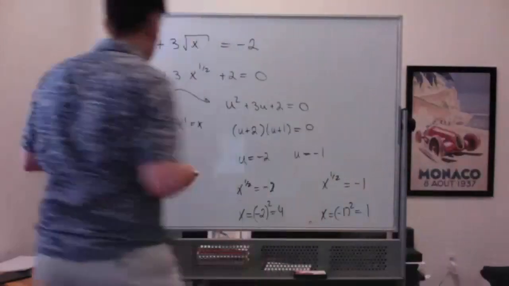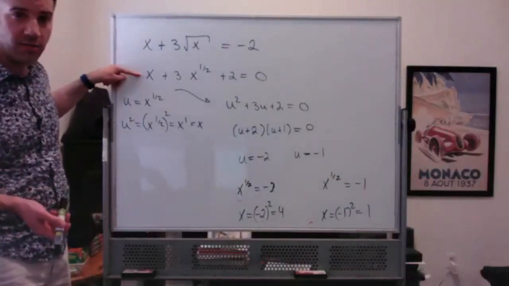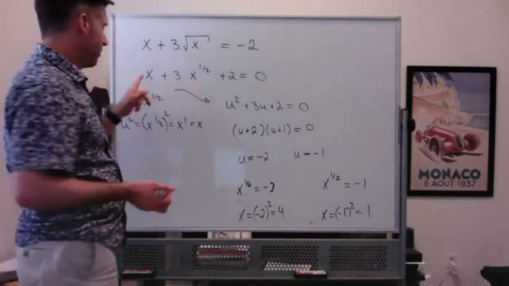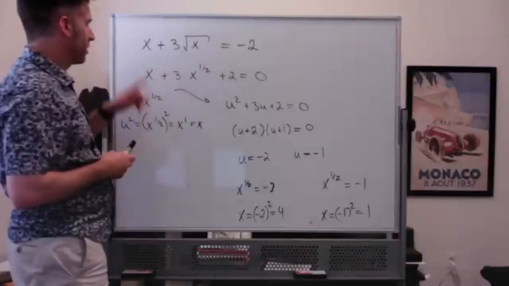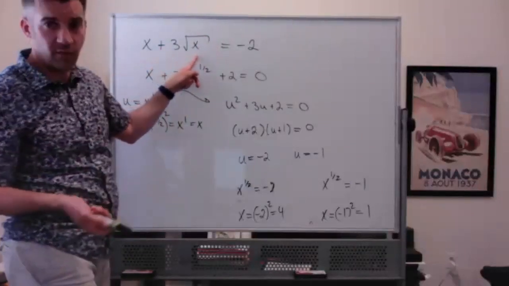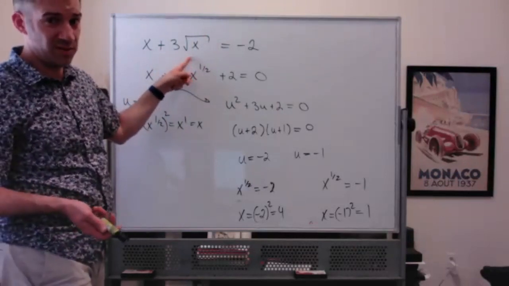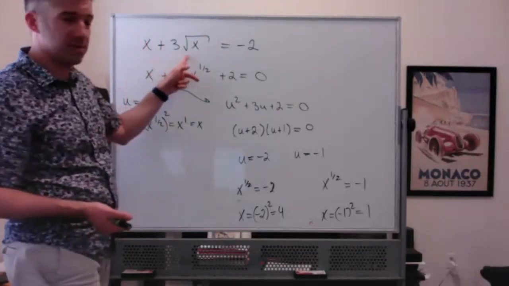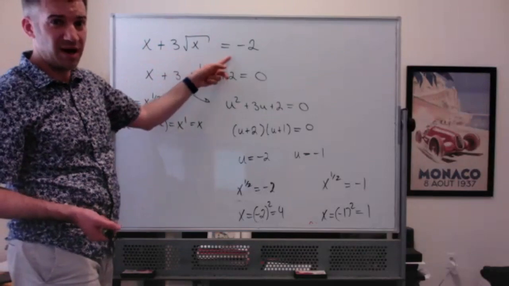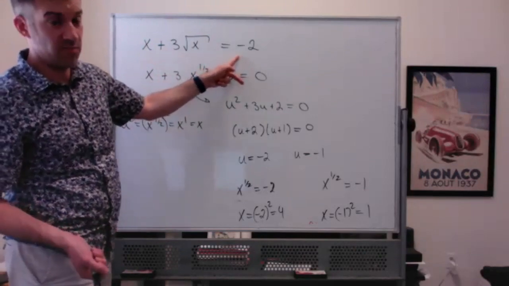Because if you plug it back in, let's say you plug it back in here, either way, 4 plus 3 times the square root of 4. Well, 4 is positive. The square root of 4 is 2. That's also positive. 4 plus 3 times a positive number is going to be a positive, not a negative number.